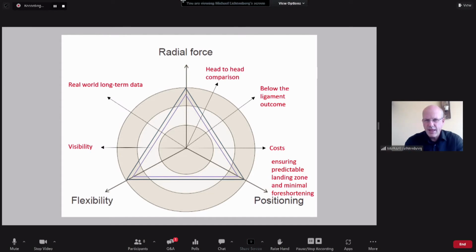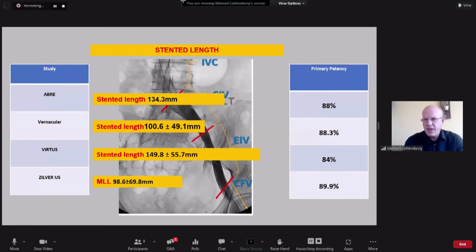The IDE trials are helpful to get first ideas of the stents, but be careful to compare directly between these IDE trials. The stent length zones of these stents are different, so the patency can't be directly compared because of the different standard lengths.